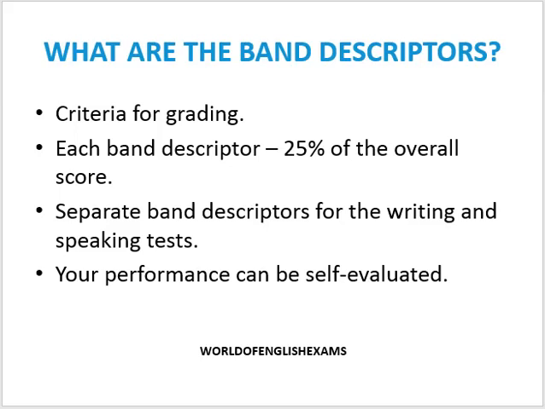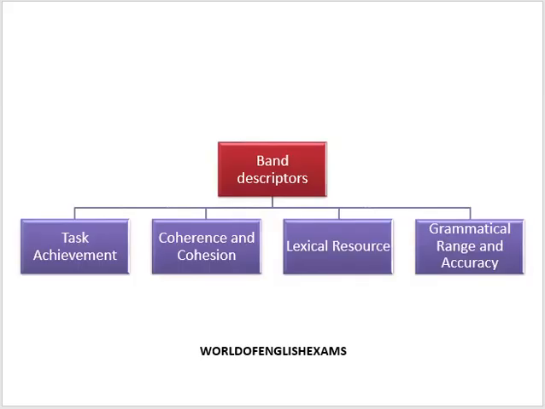Let's check out what these band descriptors are, and then I am going to exemplify and show you the grading pattern step by step. So for task 1, for both academic as well as general writing, these are the band descriptors. The first one is called task achievement. As you know, the IELTS writing test contains 2 tasks.